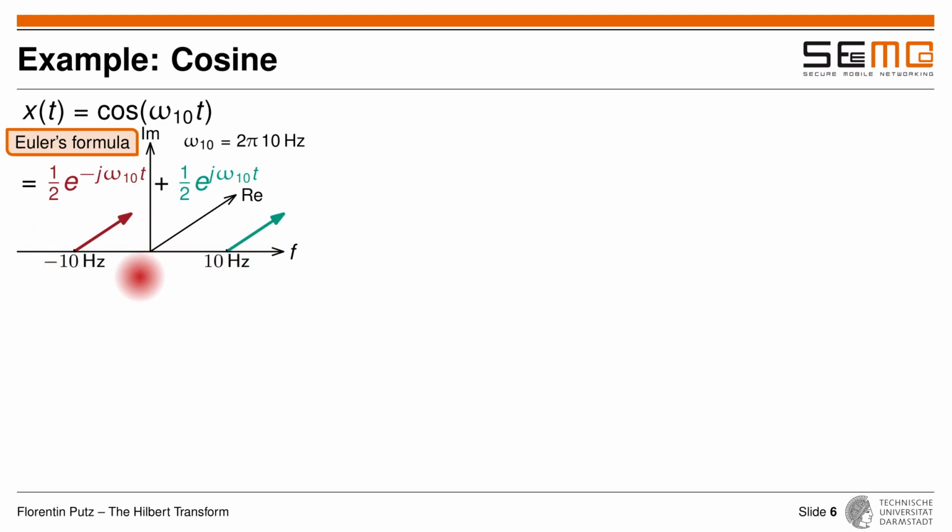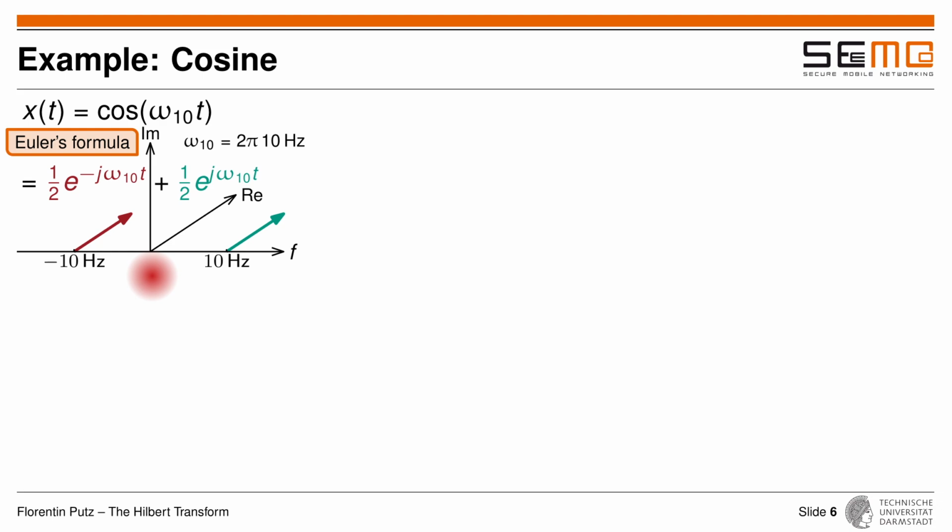And this shows you again that this cosine wave actually consists of two elements with a negative frequency and with a positive frequency. And as the coefficient in front of the exponential is a real number of 1/2, this phasor here will point in the direction of the real axis. So the imaginary part of these frequency phasors here will be 0.